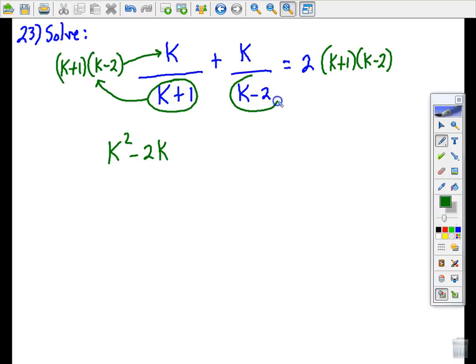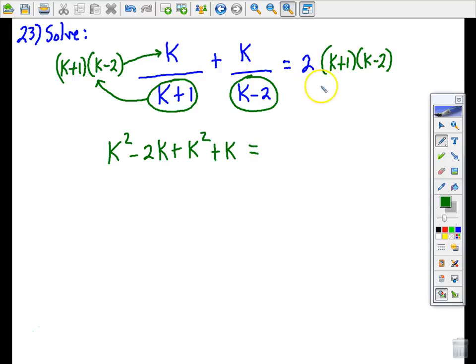When we divide k minus 2 into this common denominator, you'll notice that these cancel. So now I'm going to multiply k plus 1 times k. K squared plus k. Right? Makes sense so far?